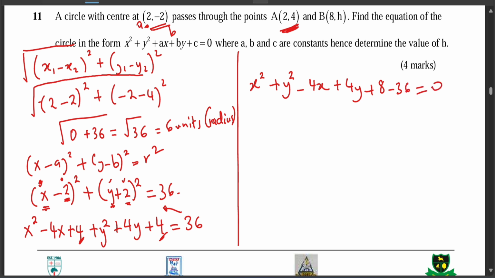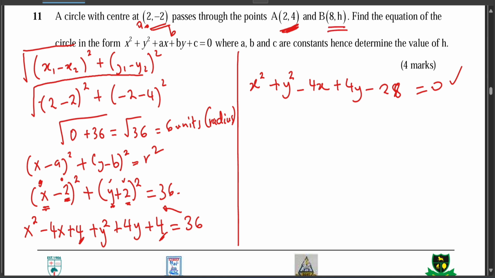Now 8 minus 36, I think is around 28. So hapa itakuwa negative 28. So hii ndo answer yako ya equation. But sasa hatujui h, kwa sababu hapa pia umeuliza tafuta h on 8,h.